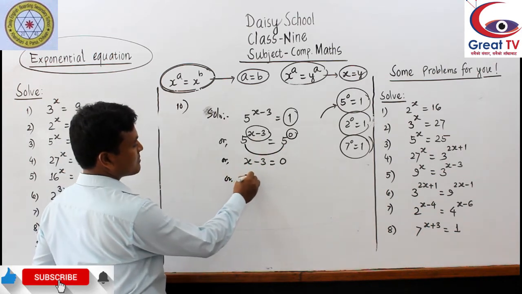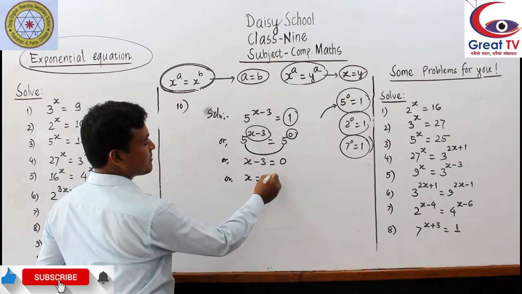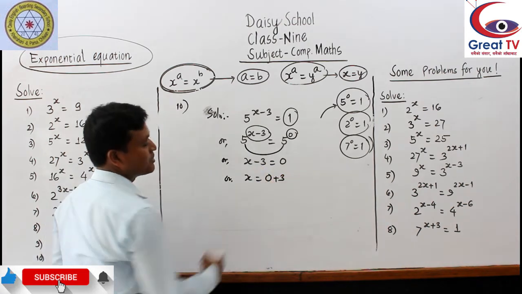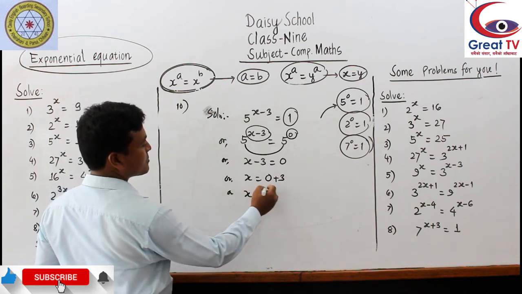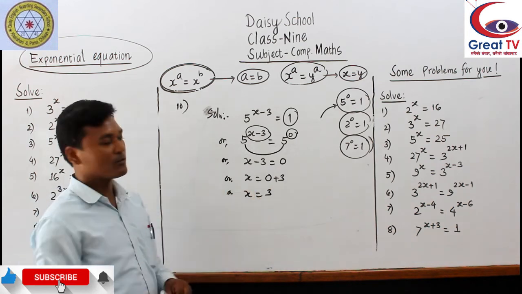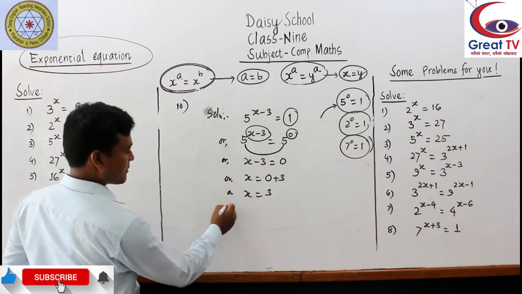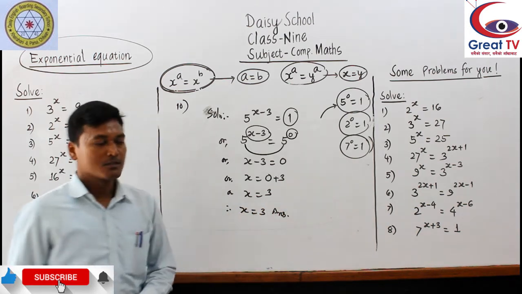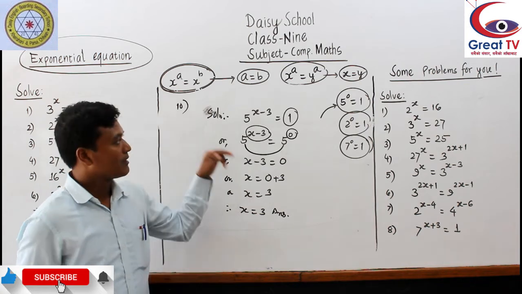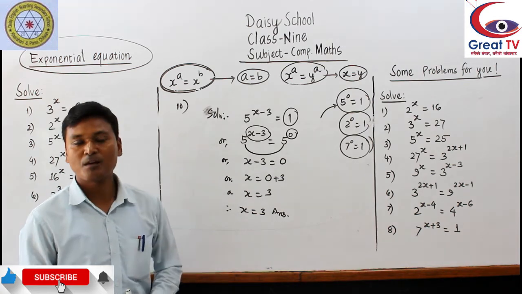Then after this x equals, take 3 to the back side, 0 plus 3. You can do that directly, plus 3 also. So x equals 3. You know very well when minus 3 goes back it becomes plus 3. Therefore x equals 3. This is the answer. So I solved some problems for you from this topic.